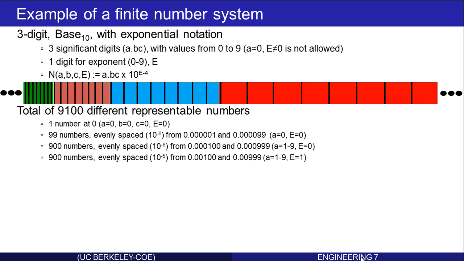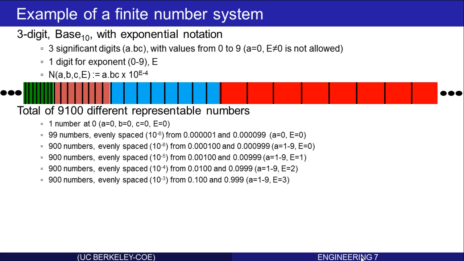The pattern starts to repeat now. There's 900 numbers evenly spaced. The spacing is larger, from 1 times 10 to the minus 3 to 9.99 times 10 to the minus 3. This is the same as before, but now E is equal to 1. E equal to 2 advances it by a factor of 10. E equal to 3 advances it by another factor of 10.